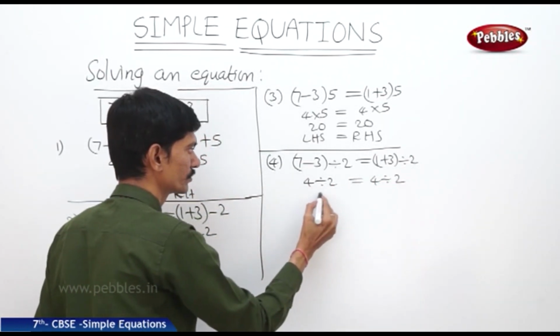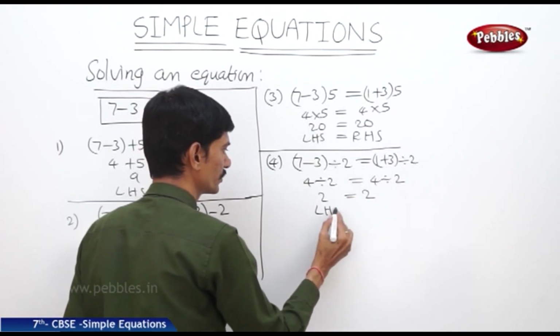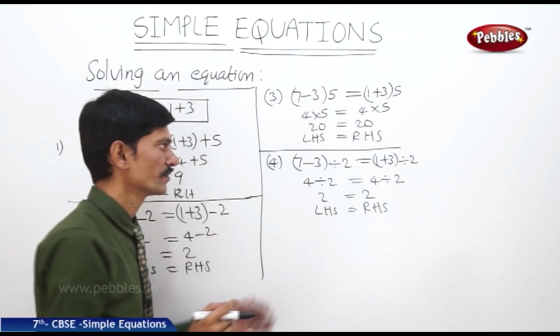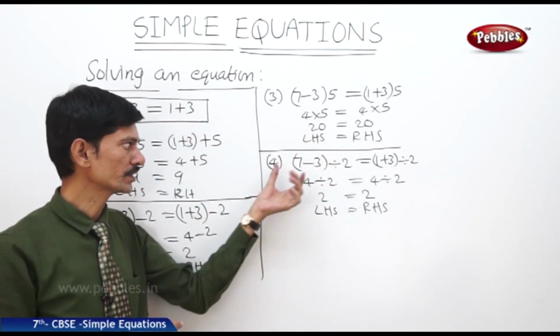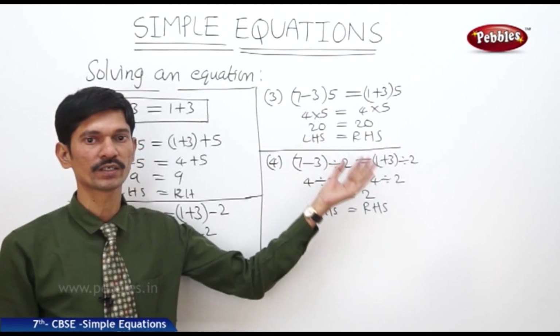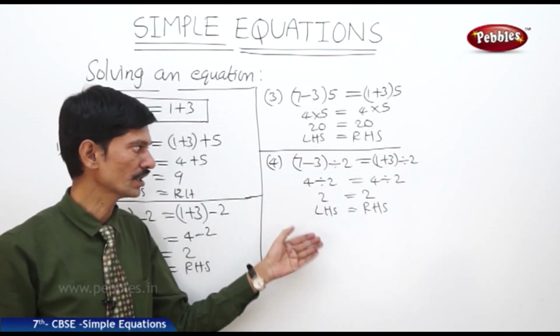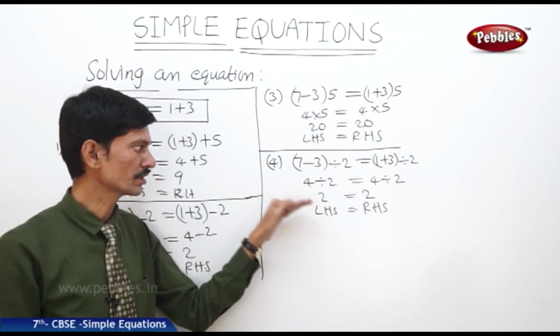Now 4 divided by 2 is 2 equals 4 divided by 2 is 2. So still LHS equals RHS, means if both LHS and RHS of an equation are divided by the same non-zero number, then still LHS and RHS will be equal, means still the equality remains the same. So it is not disturbed.